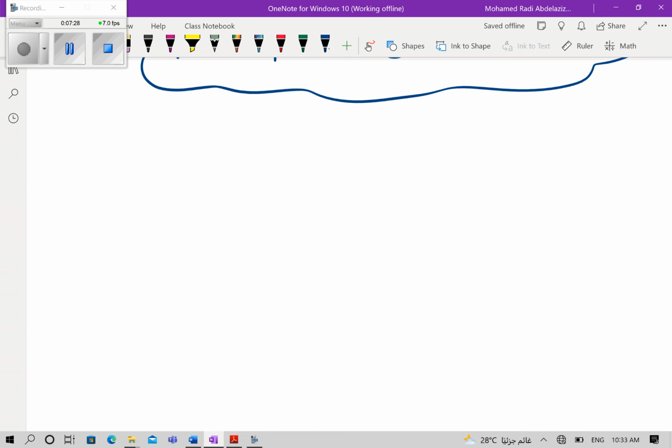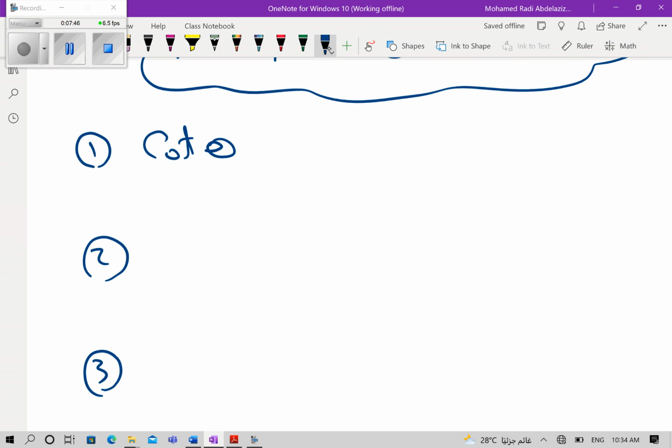Let's count from the beginning again. Number one, 2, 3: reciprocals. Means if we start with cotan theta equals 1 over tan theta, you can write it another way.